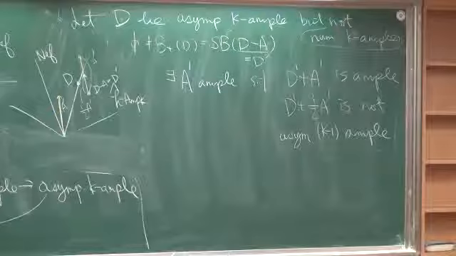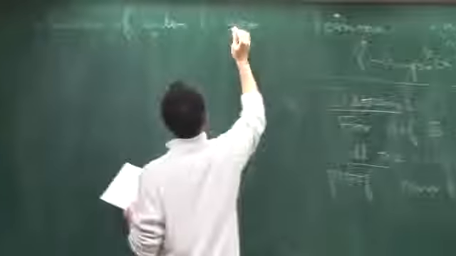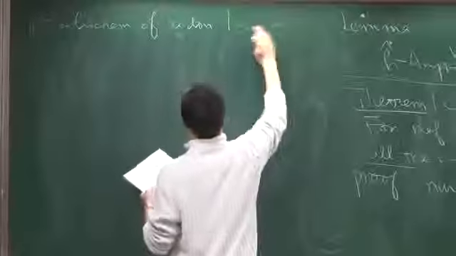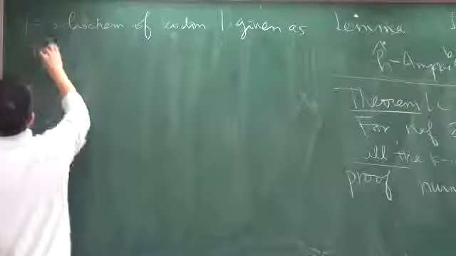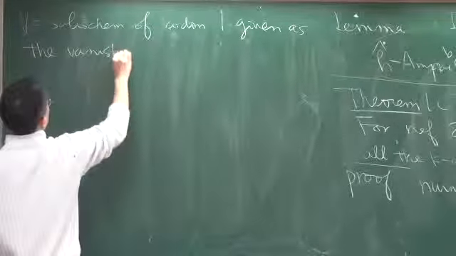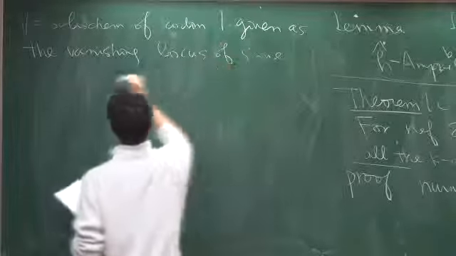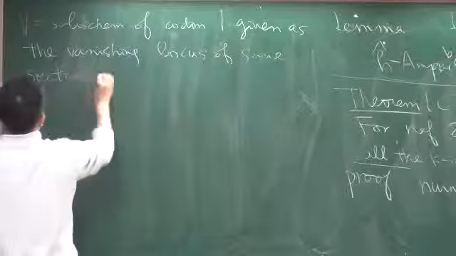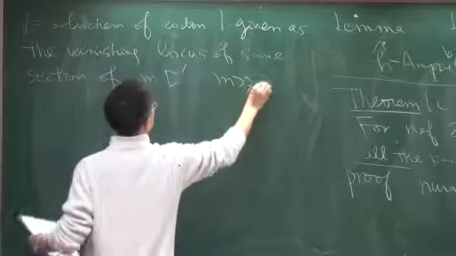Okay. So let B be a subscheme of codimension 1, which is given as the vanishing locus of some section of MD', M large.